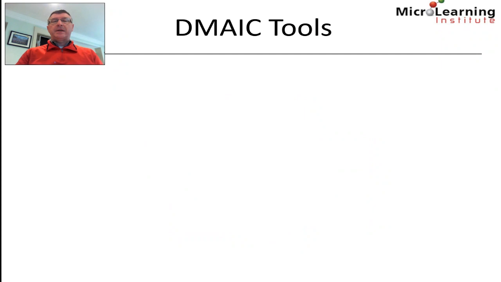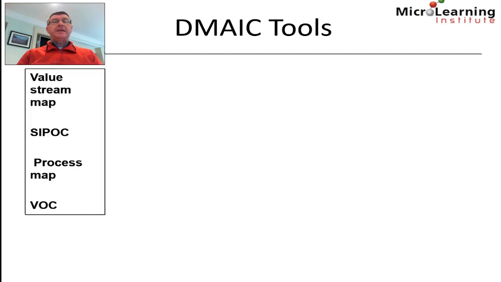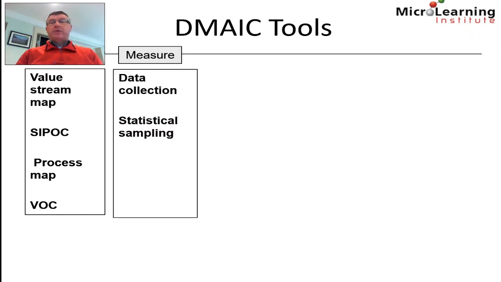The DMAIC process consists of a series of steps: define, measure, analyze, improve, control, and also some tools within each step. So in the define stage, we use tools such as value stream mapping, SIPOC, process mapping, and voice of the customer. At the measure stage, we collect data and we do some statistical sampling.